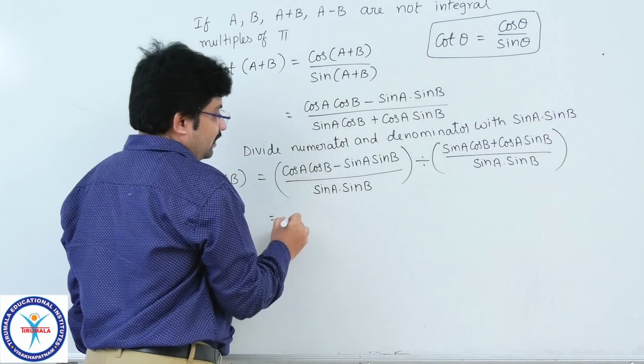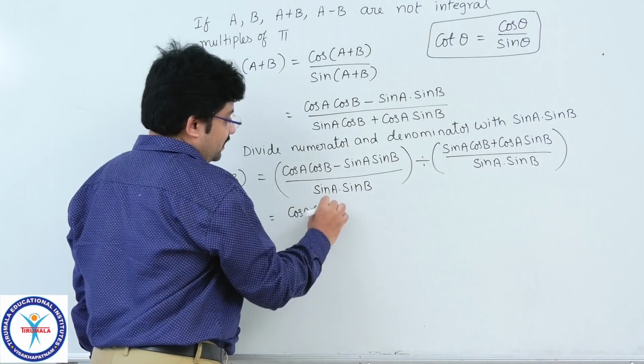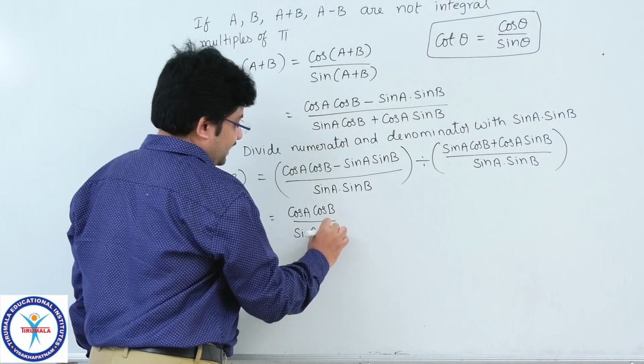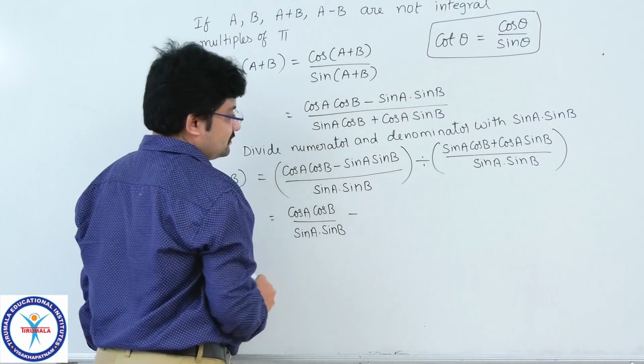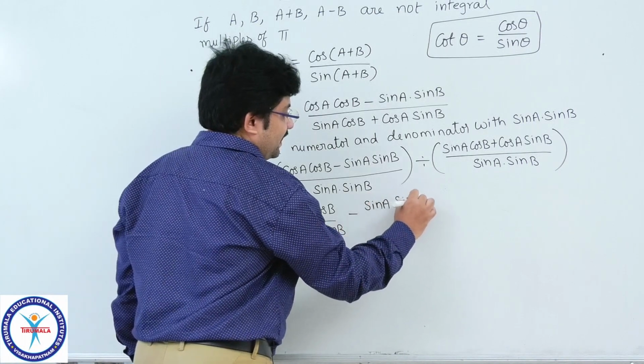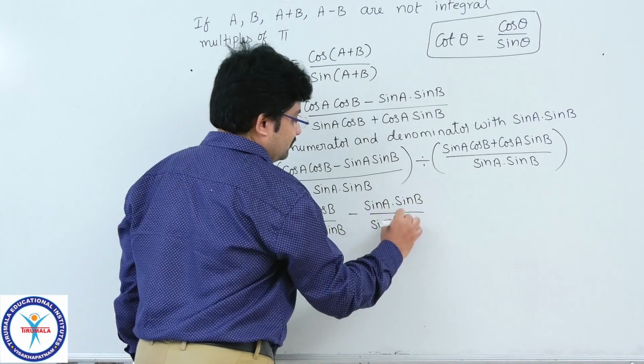Again it can be split into partial fractions, that is cos a cos b by sin a sin b minus sin a sin b by sin a sin b.